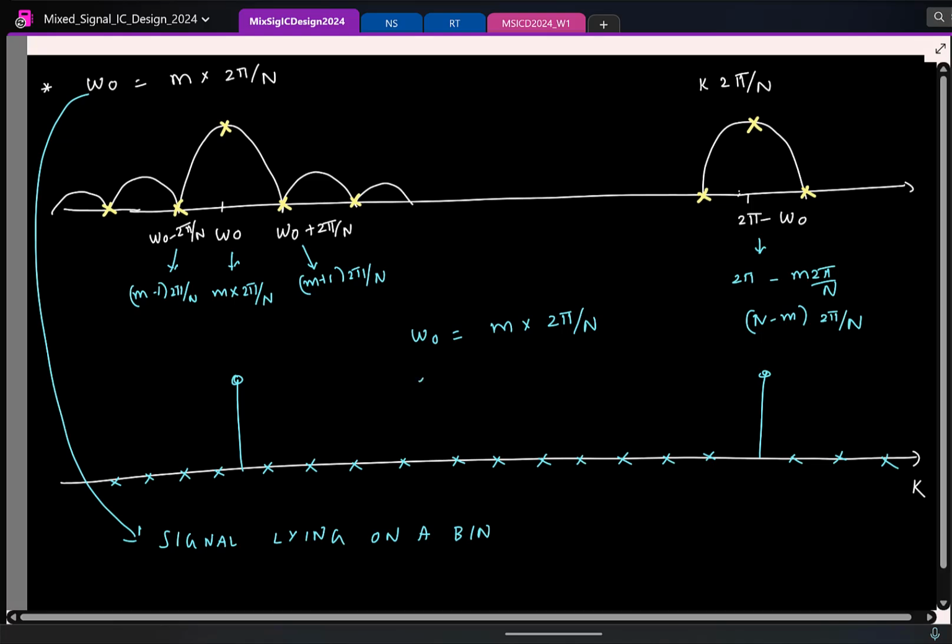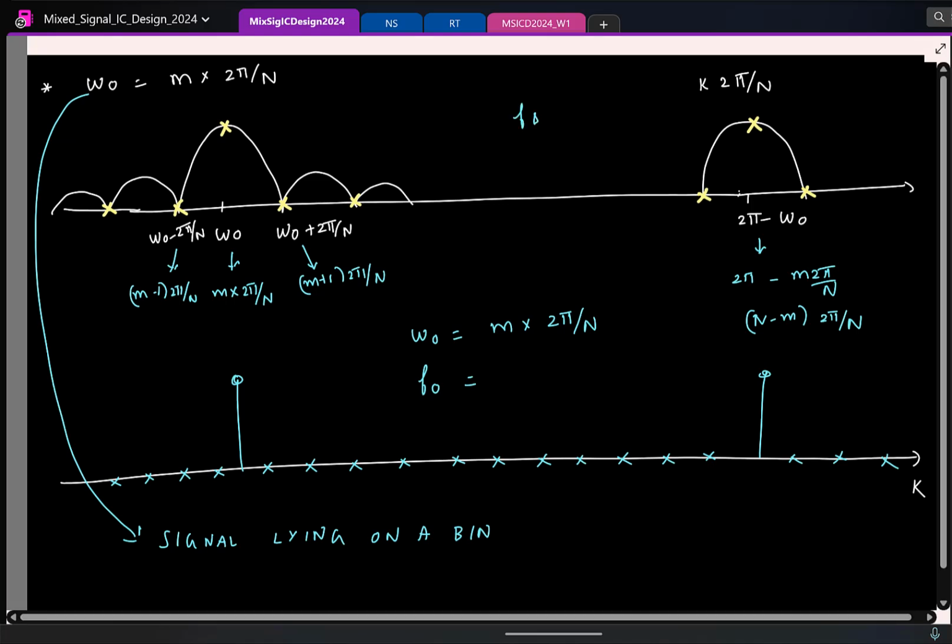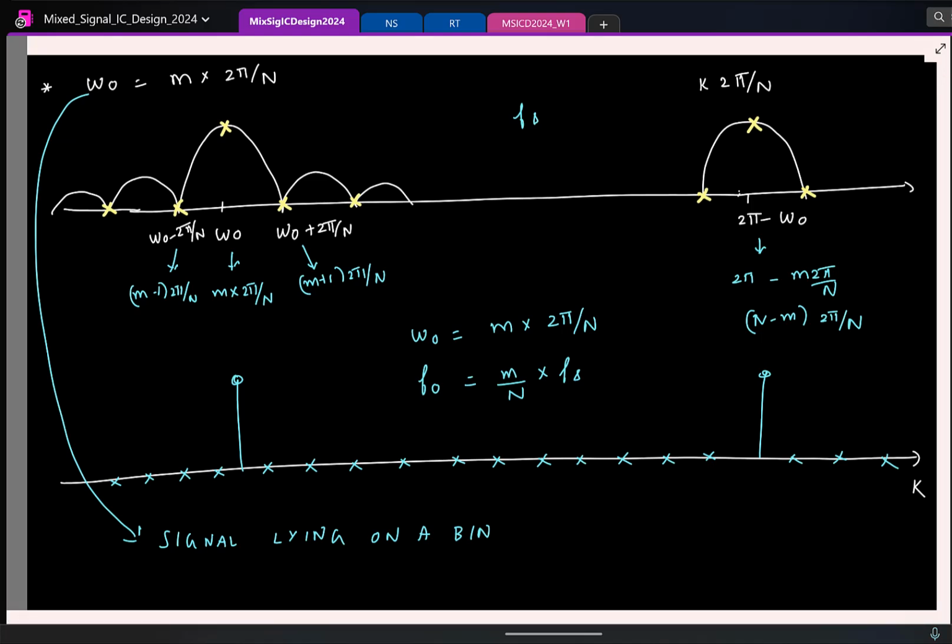So what will be the corresponding continuous time frequency then? Assume that the sampling rate is fs. M by n times fs. Remember, when I sample, a frequency fs maps to 2 pi in discrete time.